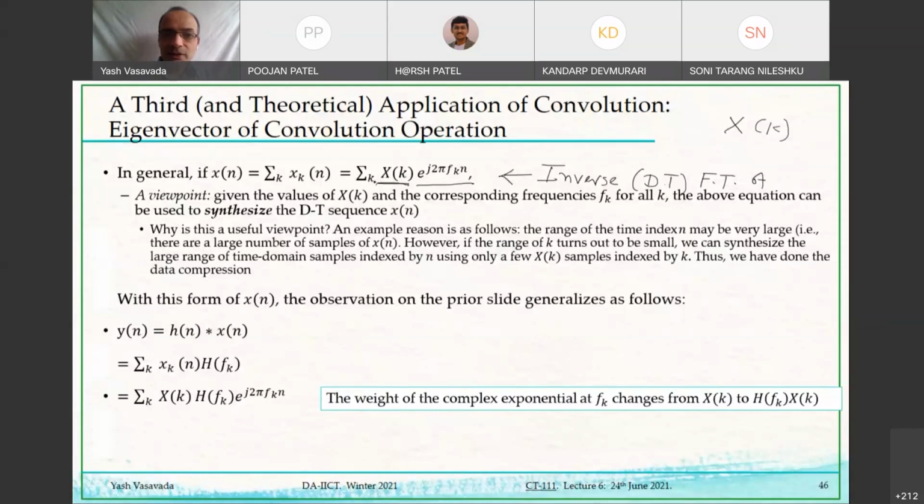And therefore, capital X of k is what? Capital X of k, therefore, has to be the discrete time Fourier transform of x of n.